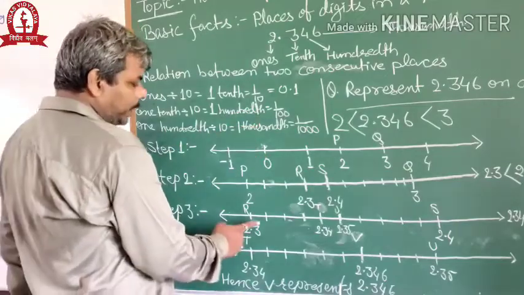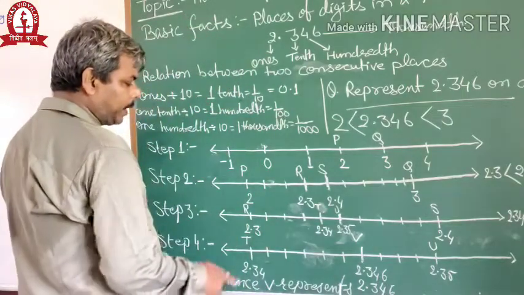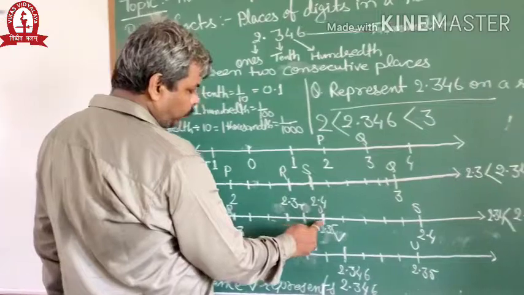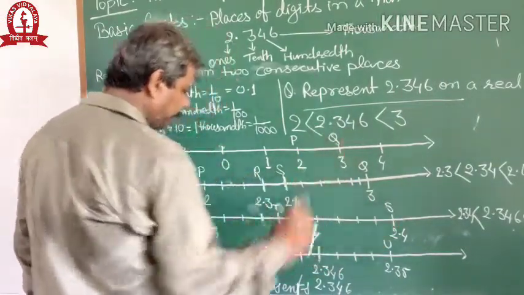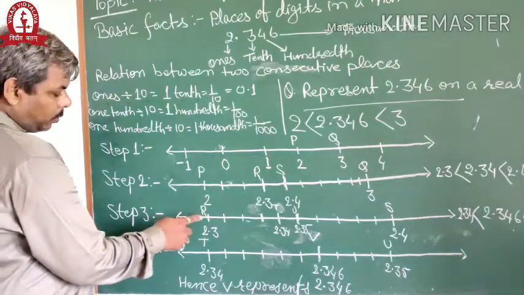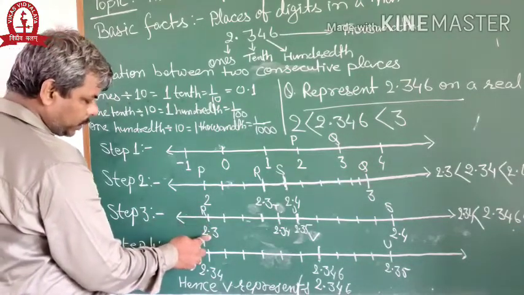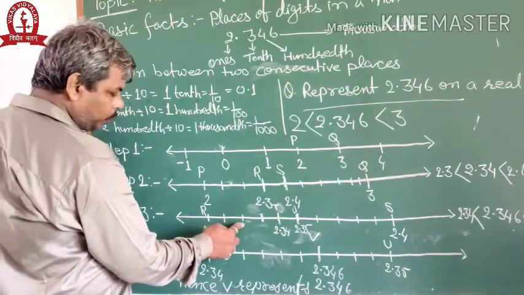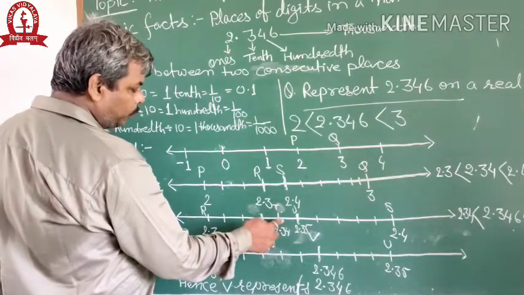So we will divide this 1/10 unit distance into 10 parts. 1, 2, 3, 4, 5, 6, 7, 8, 9 and 10. And now we count from here. R represents 2.3. This one is 2.31, 2.32, 2.33 and 2.34.